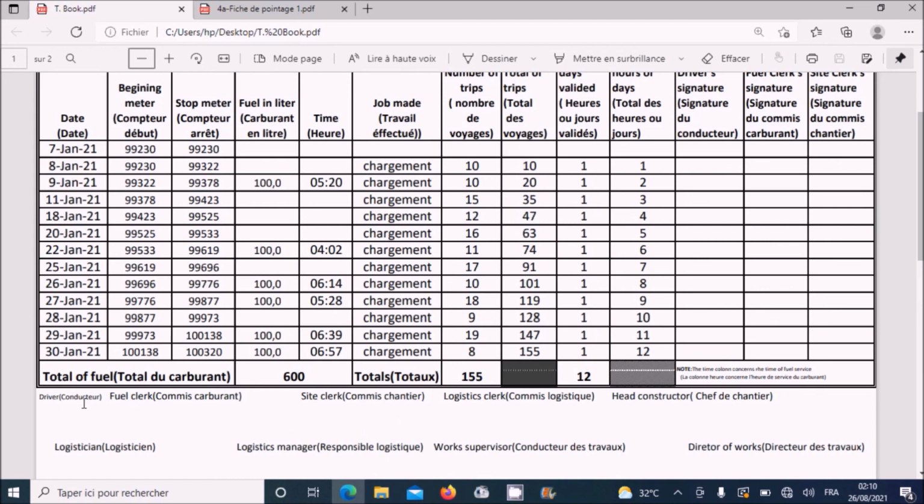So we have the different actors who have to sign here. So all the actors involved have to sign for a good management of the use of the machines.